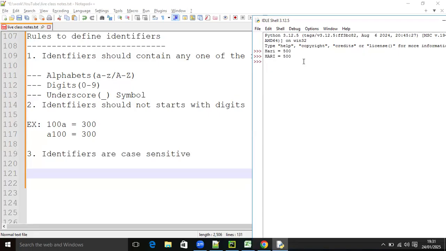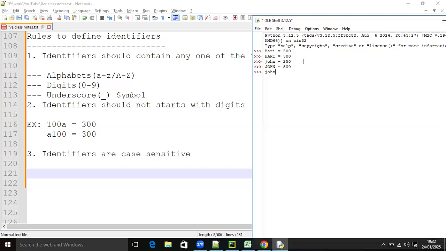John has 250. Next, same John has 500. Let me print small john.